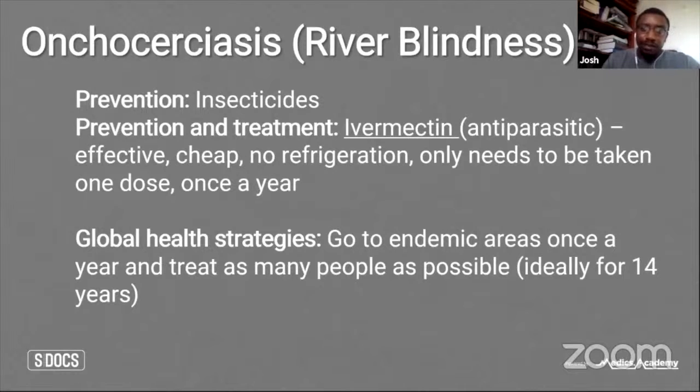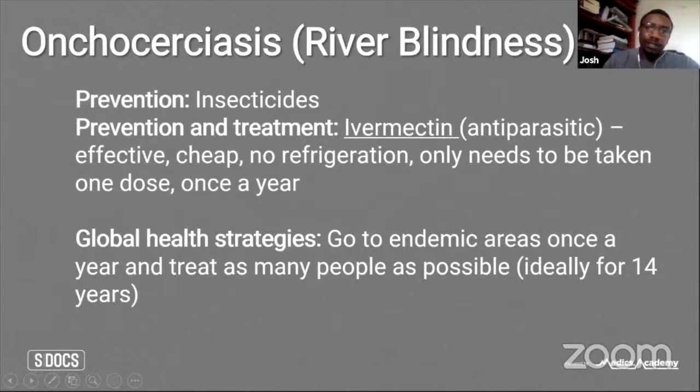They'll do this for 14 years, and at that point, you should know that everyone in that community has been treated. But as I understand, most countries will do this for 6 to 8 years, and by that point, it tends to be effectively eradicated in communities.